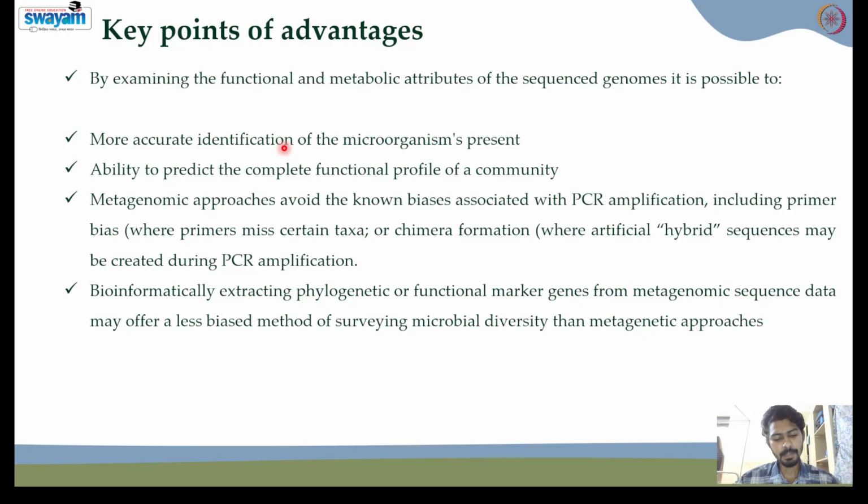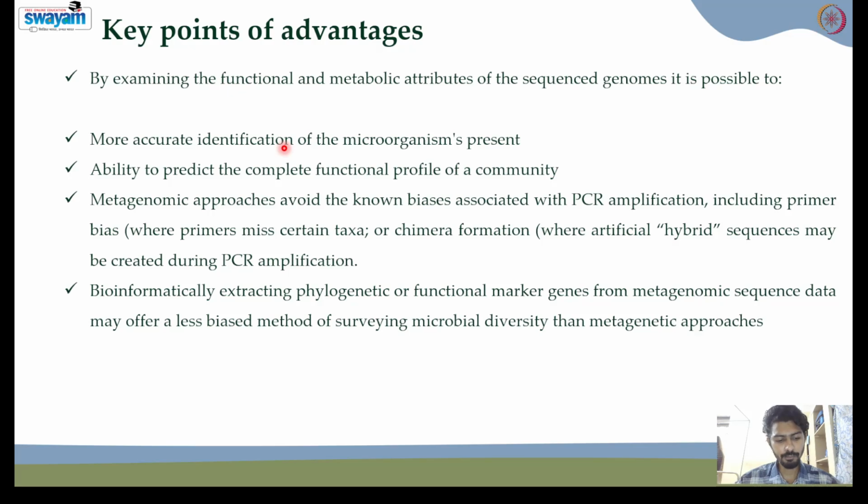So why does it happen? While designing the PCR with primers, sometimes you miss certain DNA sequences. So this often leads to bias. But with metagenomics, this bias is often reduced or avoided. Then a less biased diversity survey can also be done through bioinformatics.